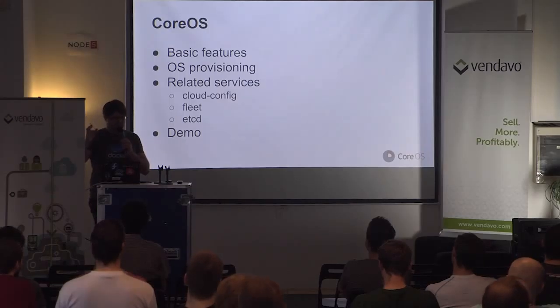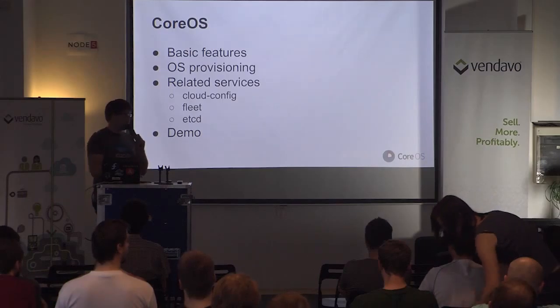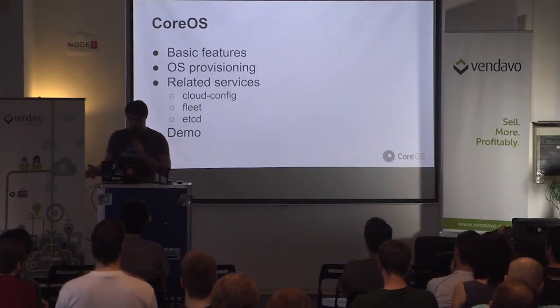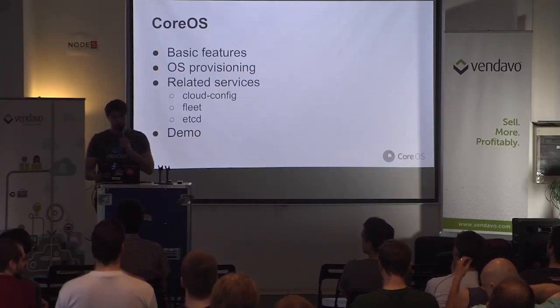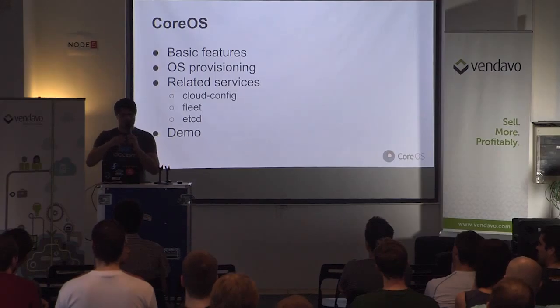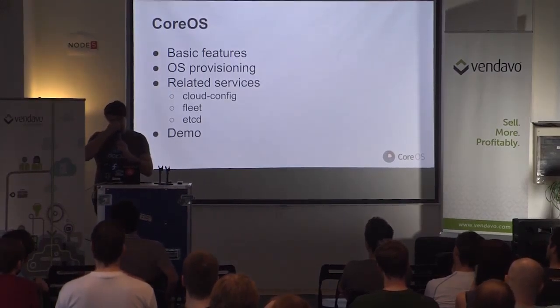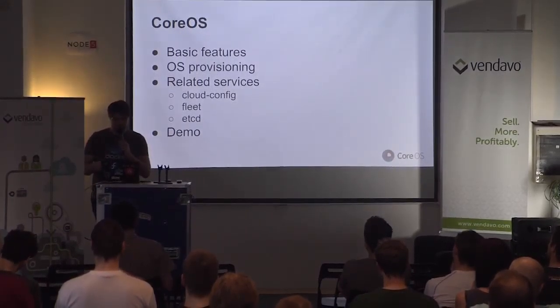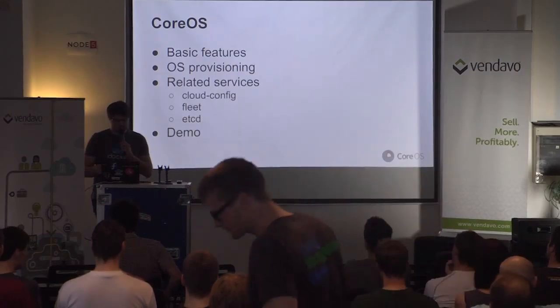I'll lead you through some basic functionality, and why it's different to other operating systems. I'll show you how you can provision, because if you are provisioning an operating system in a cluster, you need to make sure of it, and I think it's very good for provisioning in a cluster.